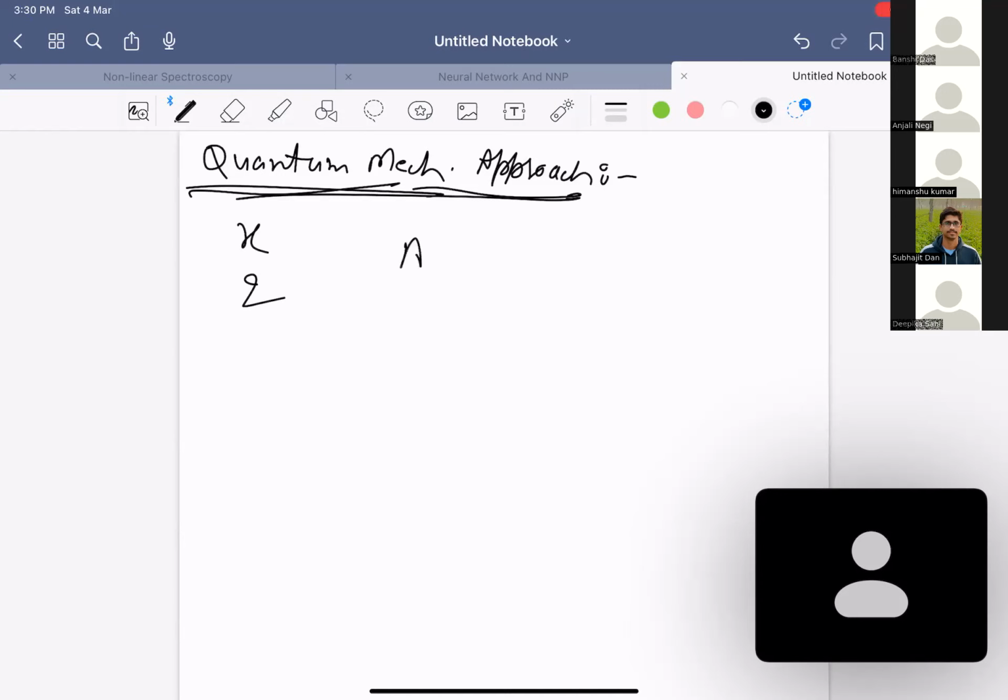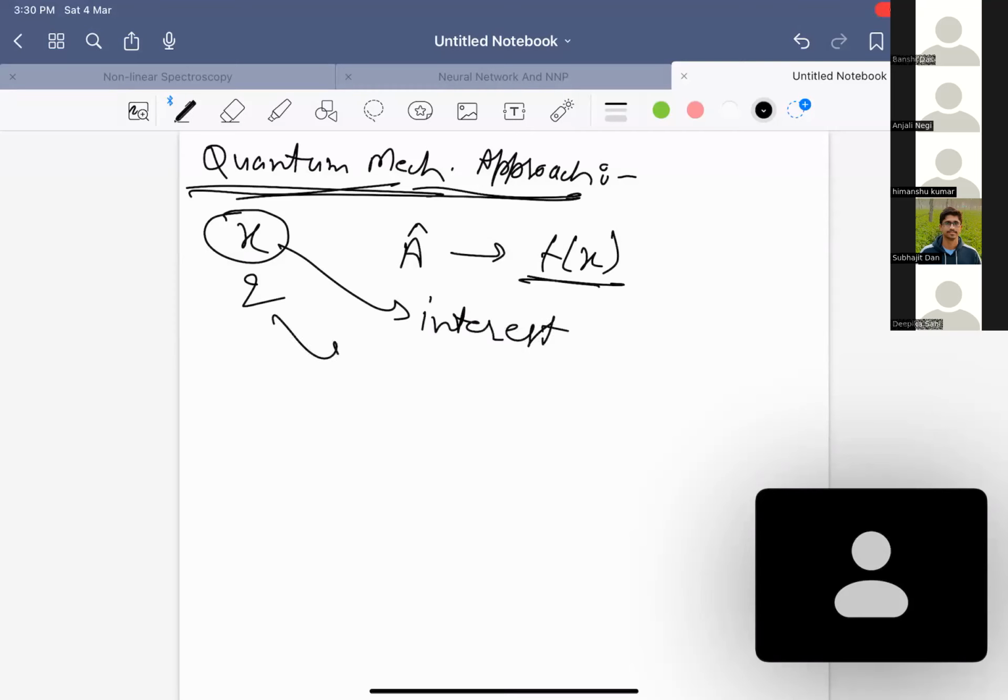Suppose we want to measure any operator or physical quantity A, and it's a function of x only. These degrees of freedom are of our interest, and these are other degrees of freedom.